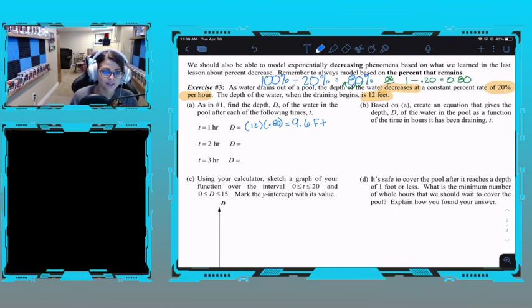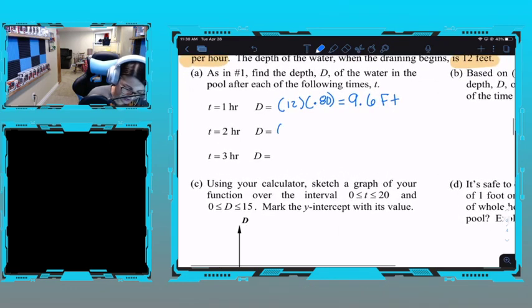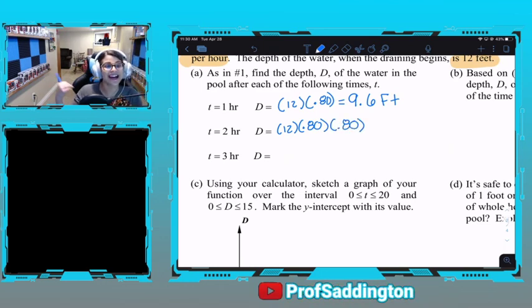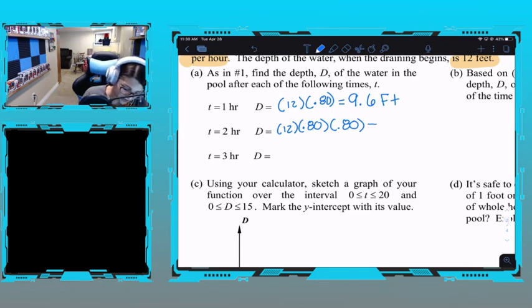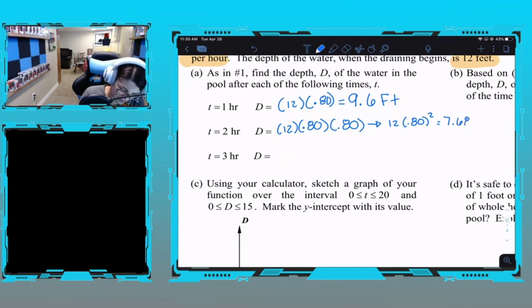So next we have after 2 hours. So I have that 12, and I'd have to multiply it by that original 0.80, but then I'm going to do it again because it said it was being constant at that rate. So remember, the other way to write this is 12 times 0.80 squared, which is going to give us 7.68 feet.